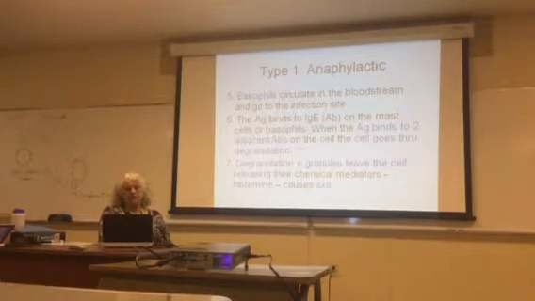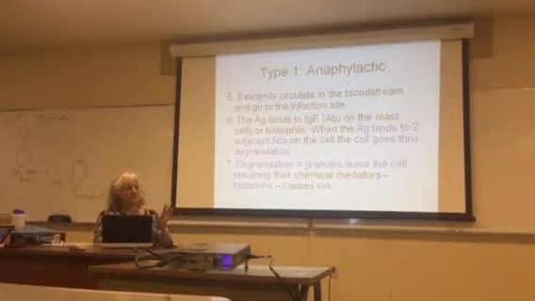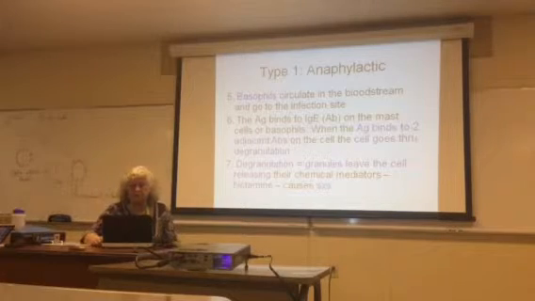The antigen binds to the IgE antibody on the mast cell or the basophil, and when the antigen binds to 2 adjacent antibodies on the cell, that causes the cell to go through degranulation. Degranulation is when the granules leave the cell and release those chemical mediators. One example is histamine, and histamine is what causes the symptoms.